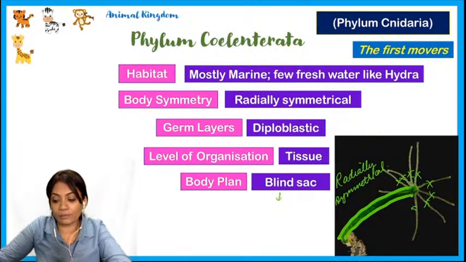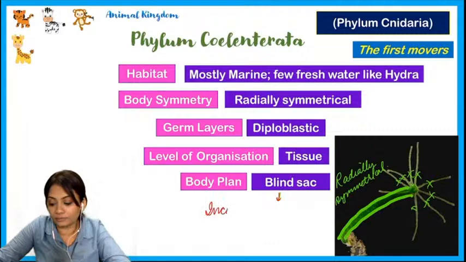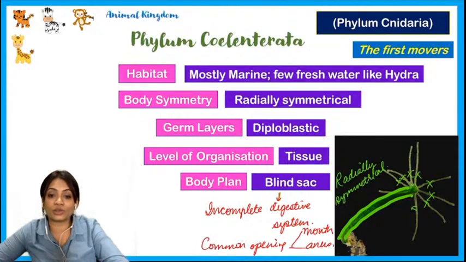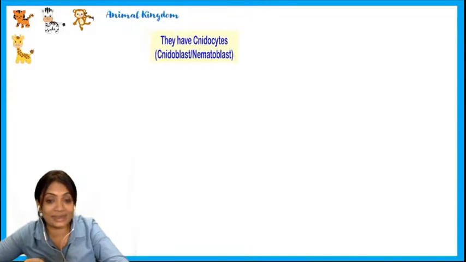Whenever we have the blind sac body plan, it will always indicate an incomplete digestive system, where there is a common opening for mouth and for anus. So that's what you mean by blind sac body plan.